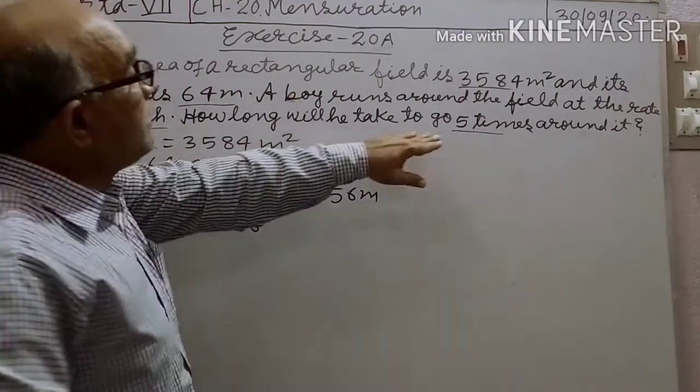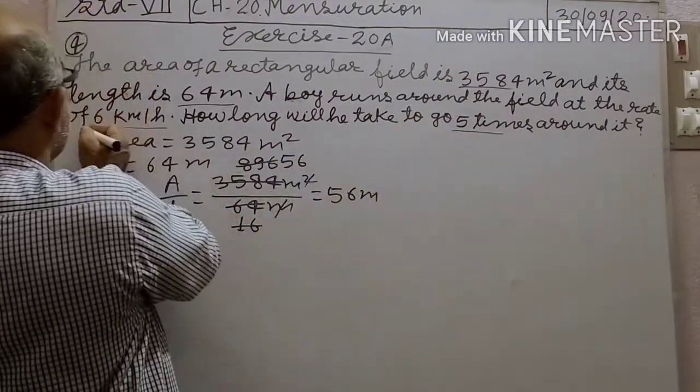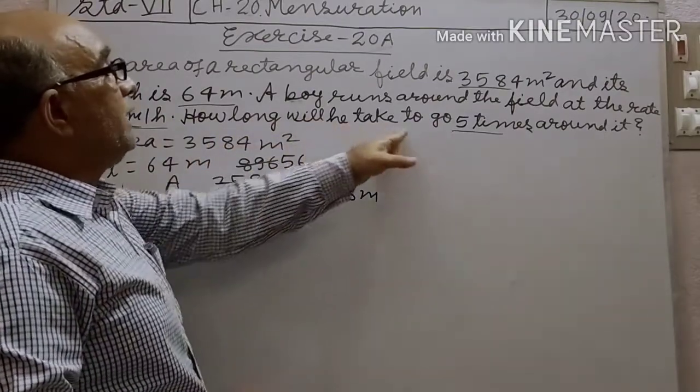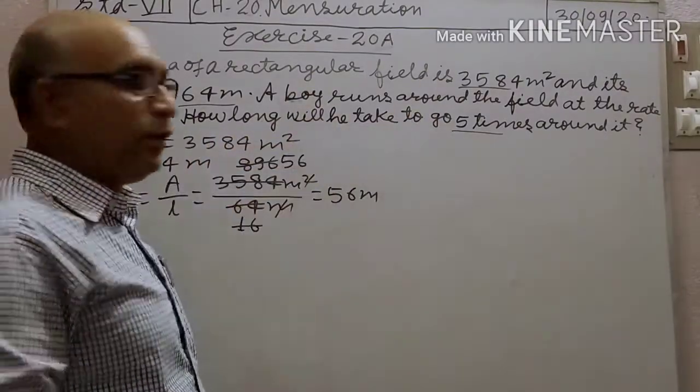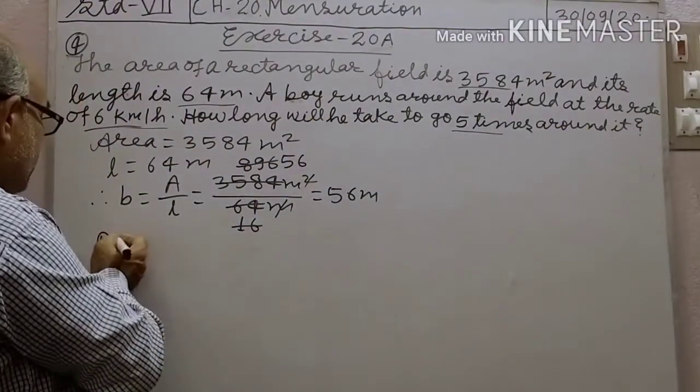A boy runs around the field at the rate of 6 kilometer per hour. How long will he take to go 5 times around it? So 1 time around it means perimeter.